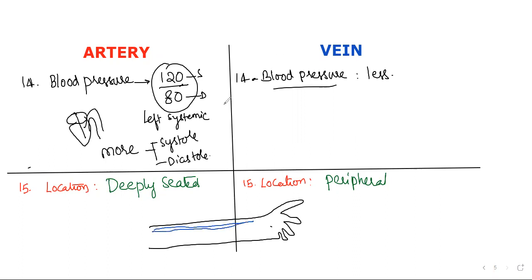Deeply seated means inside you'll find arteries. Generally injections they give intravenous, isn't it? IV is so easy. IV fluid, most times we use this word IV. It's very difficult to give to the artery.